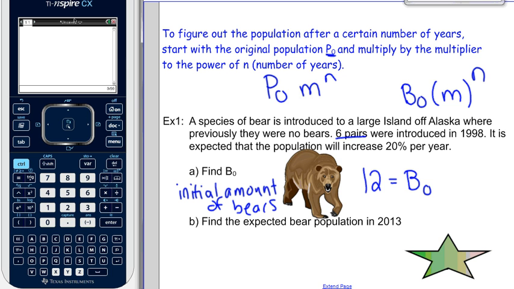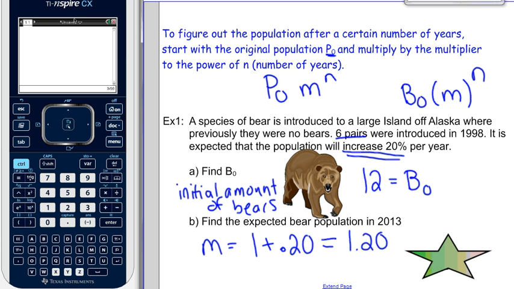We should figure out what our multiplier is. It says the population will increase by 20% per year. Increase implies growth, so we're going to keep 100% plus we're going to add 20%. So our multiplier is one whole, 100%, plus 20%, or 1.20.